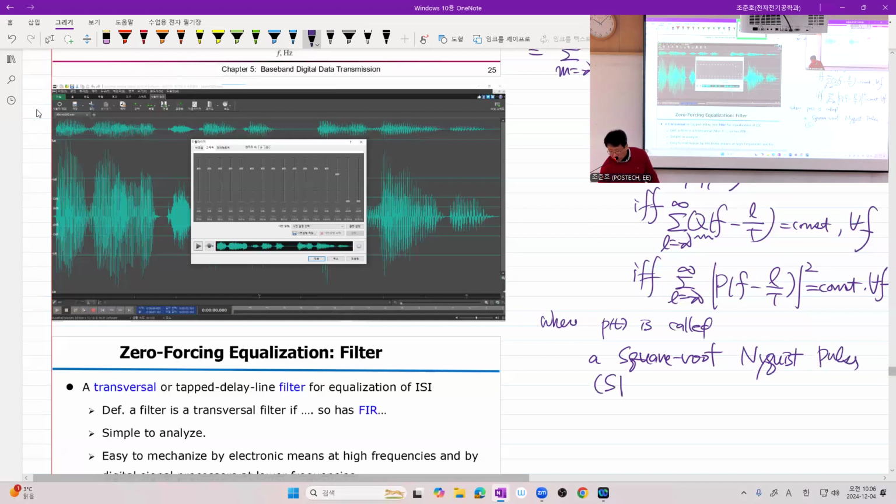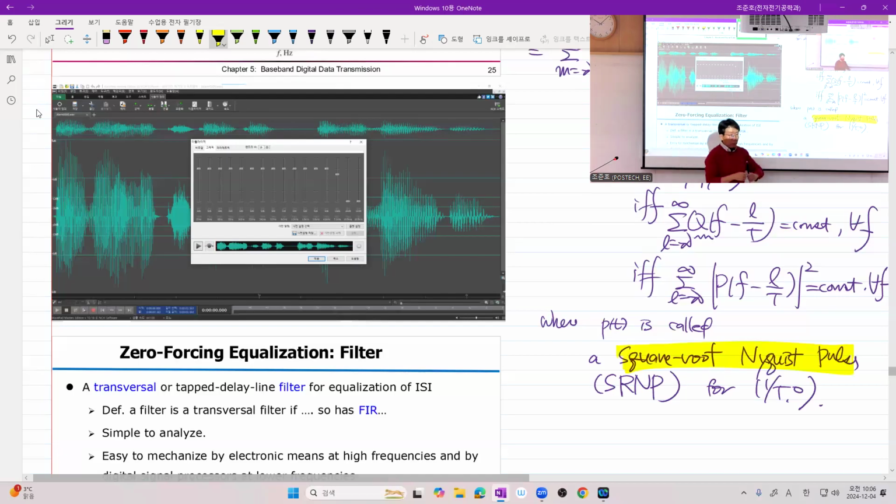Some people abbreviate it to SNRP, which is not often used, but anyway, for 1 over T and 0. Got it? So here goes the new definition related to Nyquist criteria.